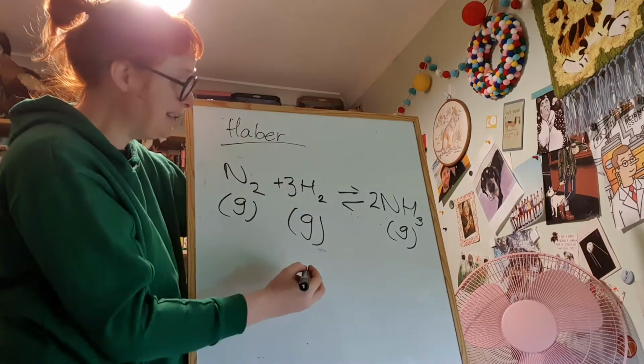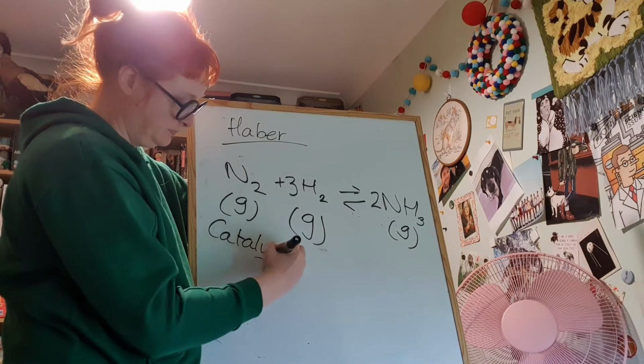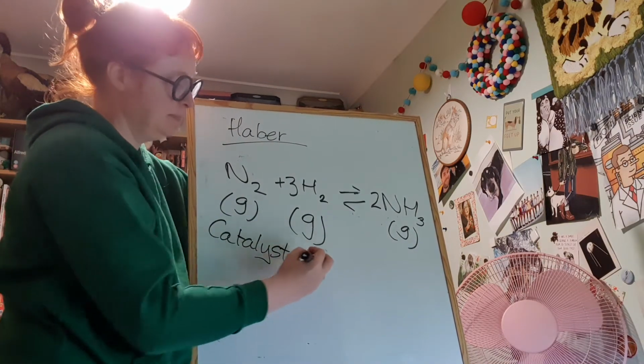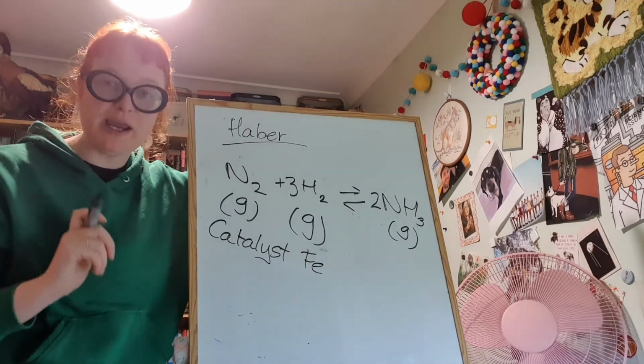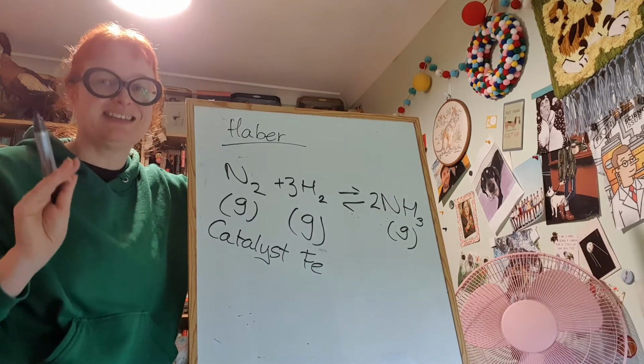We can use a catalyst, which is iron, which speeds up the rate of reaction, but it doesn't change the extent.